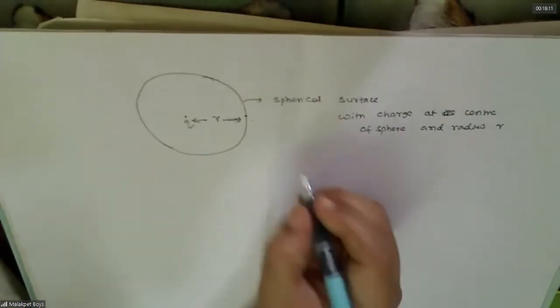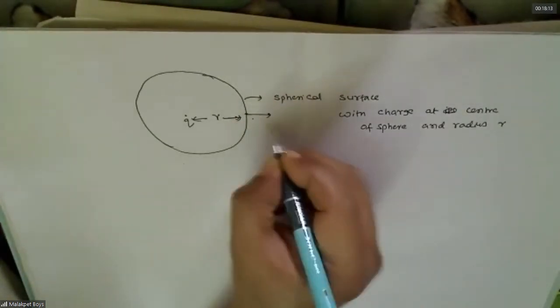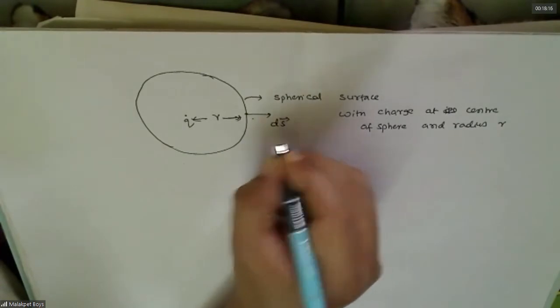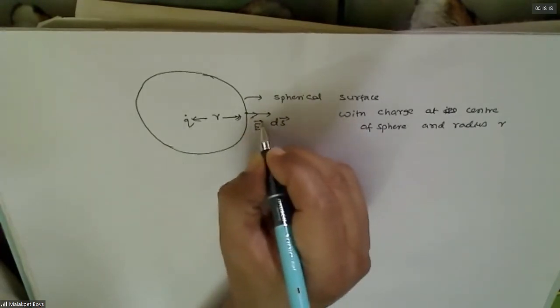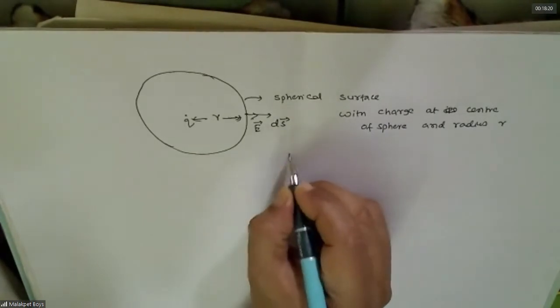Now you can see for any surface you have ds cap. This is E. So we'll apply Gauss law.